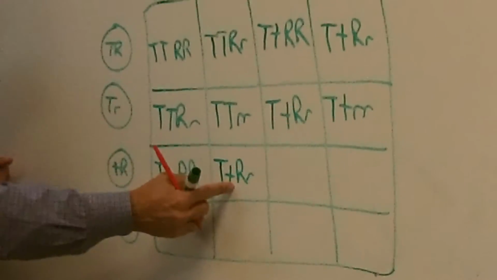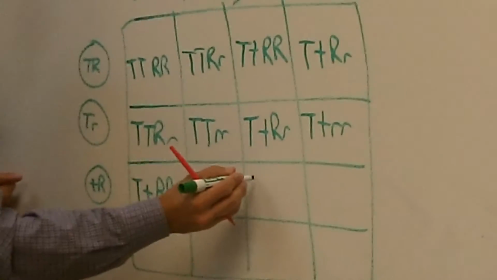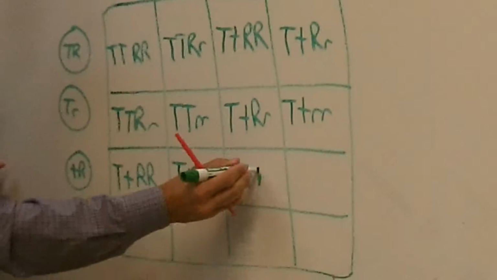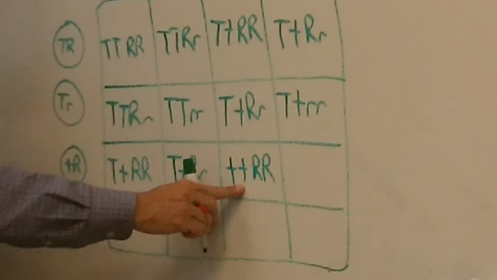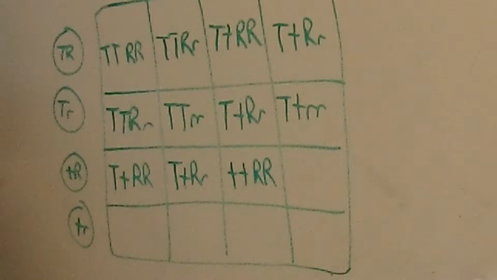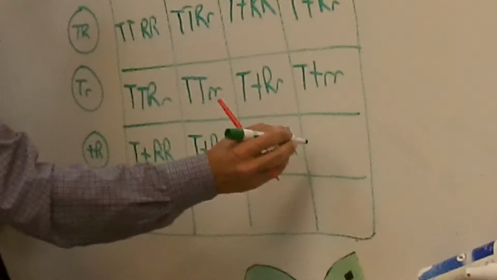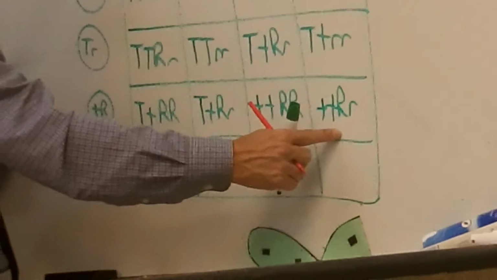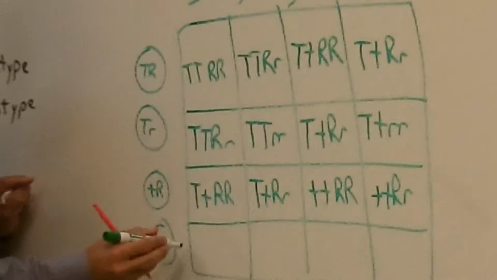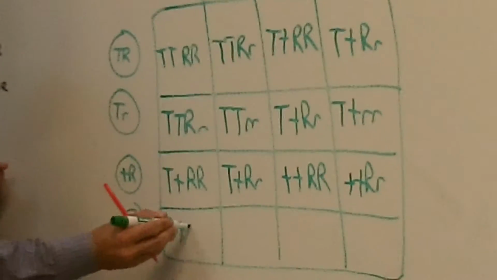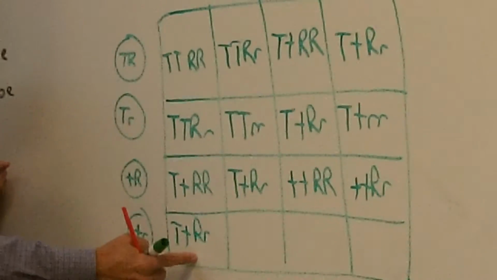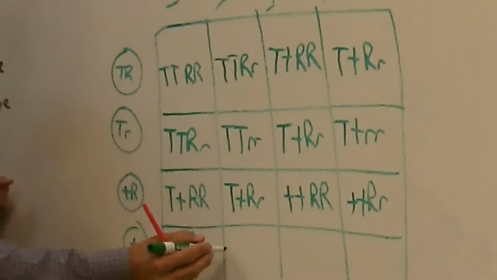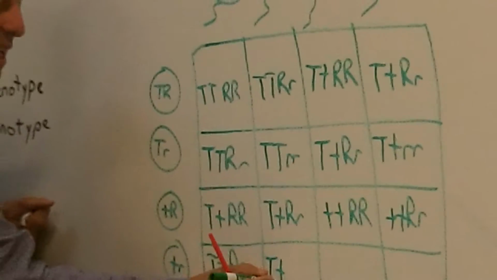Big T, big R. What's that? Tall round. Little t, big R. What's that? Short round. Little t, big R. What's that? Short round. Big T, big R. What's that? Tall round. Big T, little r.